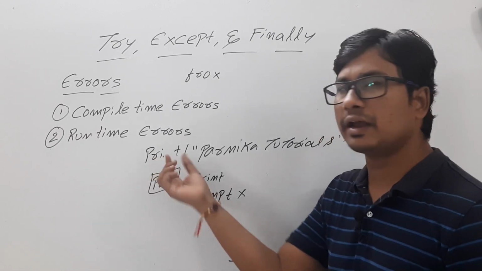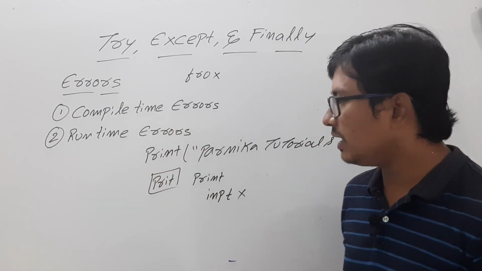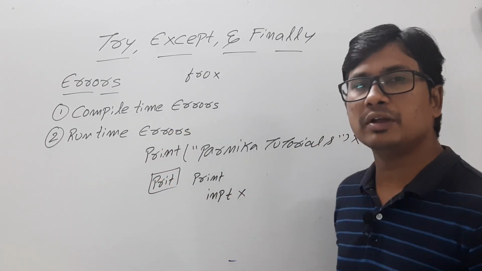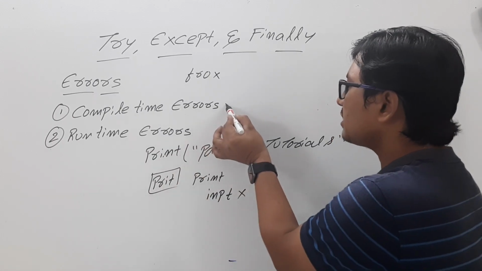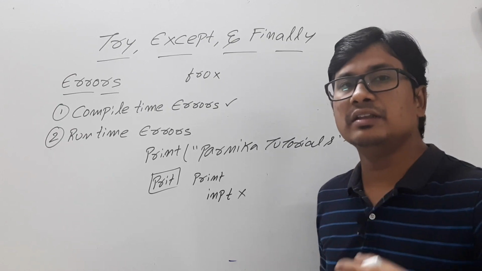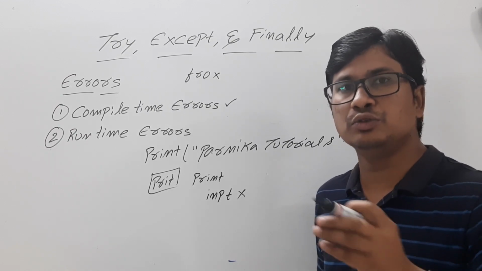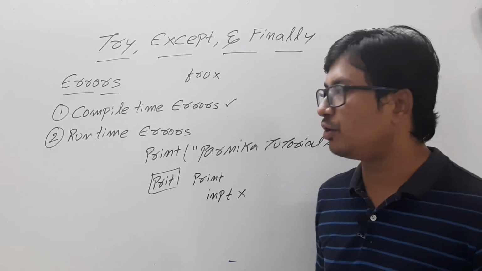Suppose if it is PRIT, you will modify it as PRINT, print. And then you execute the program, then you will get the output. So the compile time errors, I can call as syntax errors. Then the programmer has to modify the code and then execute the program, then he will get the output.